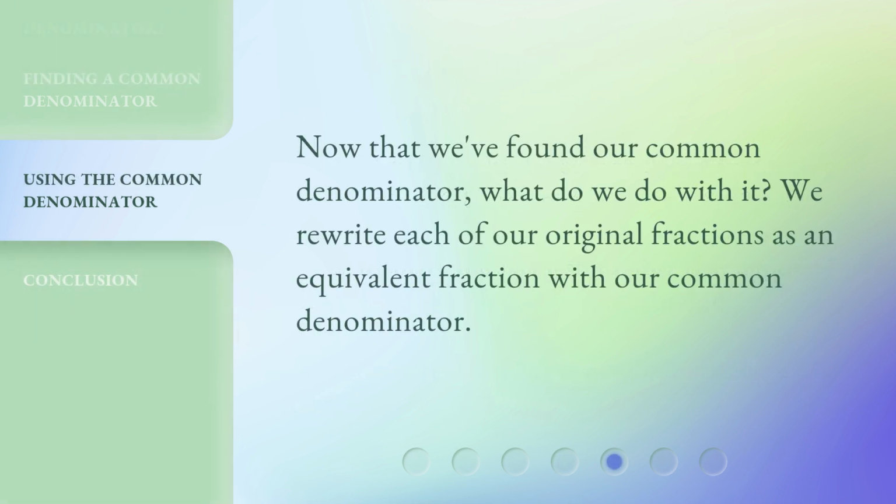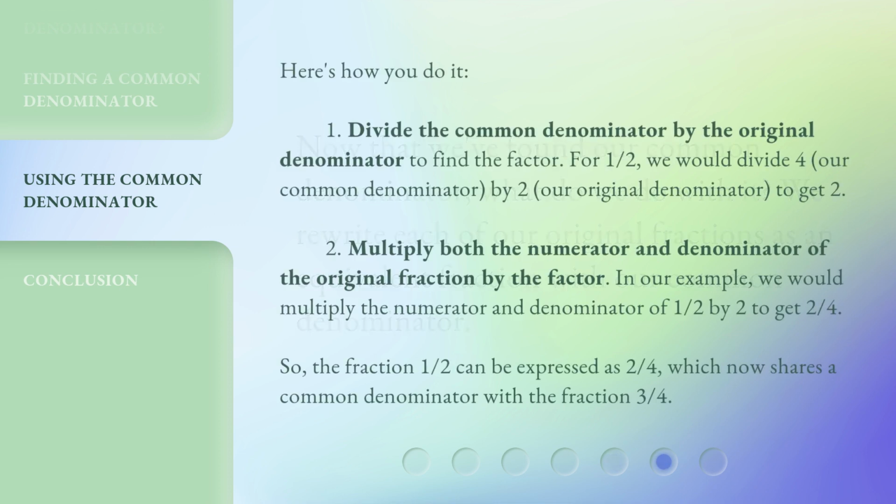Now that we've found our common denominator, what do we do with it? We rewrite each of our original fractions as an equivalent fraction with our common denominator. Here's how you do it. 1. Divide the common denominator by the original denominator to find the factor. For 1/2, we would divide 4, our common denominator, by 2, our original denominator, to get 2. 2.